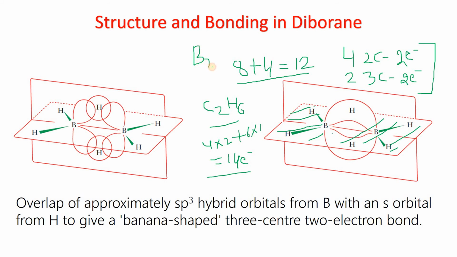So the bonding in B2H6 is not like C2H6, although the names follow the pattern of alkanes, for example ethane and borane, but the bonding in C2H6 is different. There is no 3 center 2 electron bond in C2H6. All are normal 2 center 2 electron bonds like this.